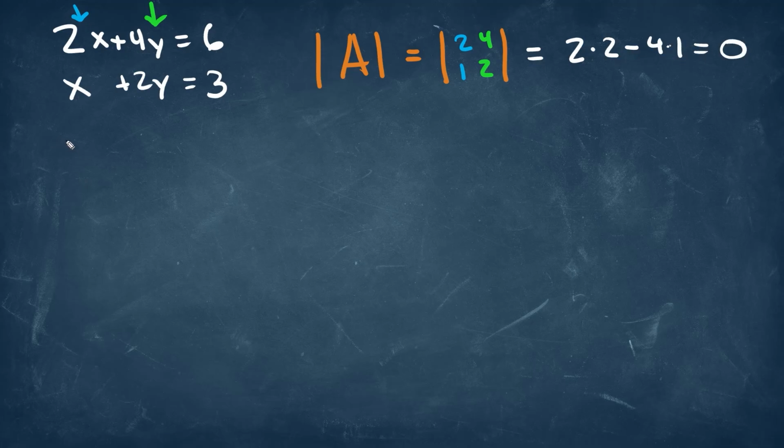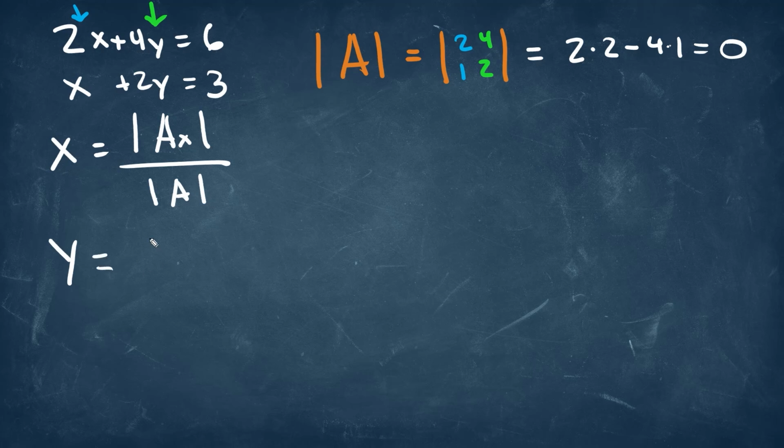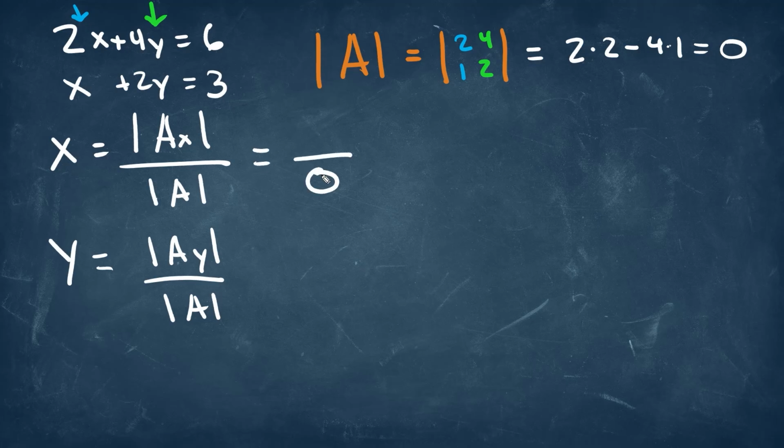When we have 0, we actually cannot solve for a value of x or y. The reason why is, say we calculate our A of x, we're going to have that determinant on the bottom, and that's going to be for both our x and y values. Because of that, we're going to be dividing by 0. Whenever you have this case, because we can't divide by 0, which gives us a value of infinity, we say there is no unique solution.